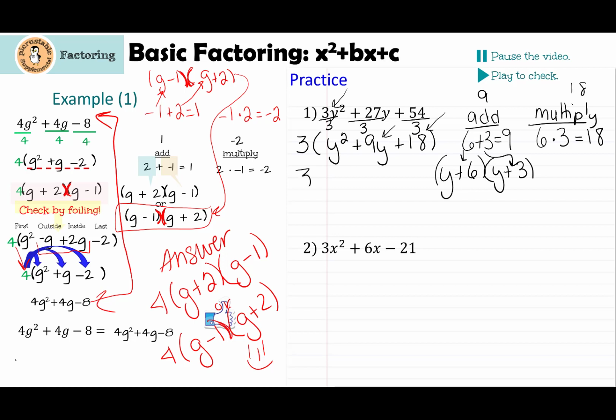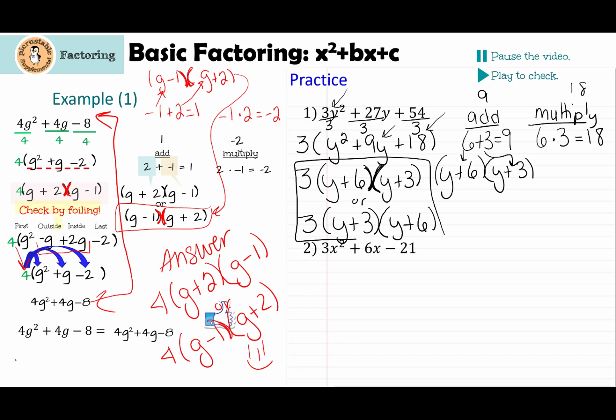Our final answer is 3 parentheses y plus 6 times, make sure I get this good here, it's hard, I know, and then y plus 3, or you could have found 3 times y plus 3 parentheses y plus 6. So either one of these is perfect.